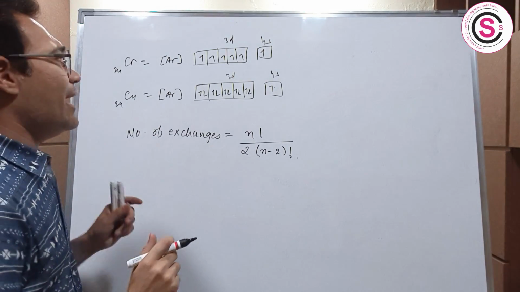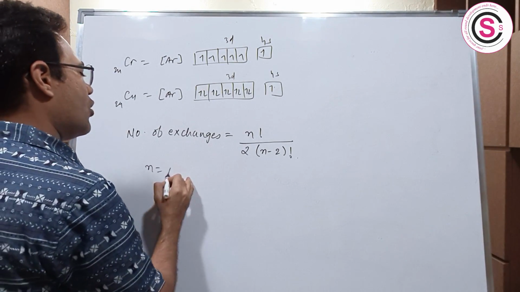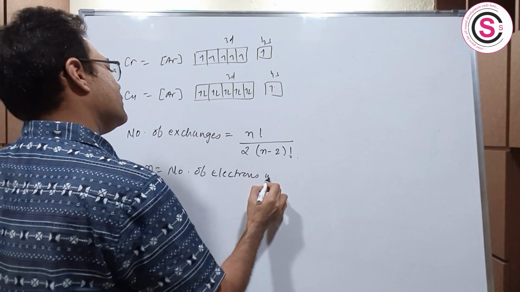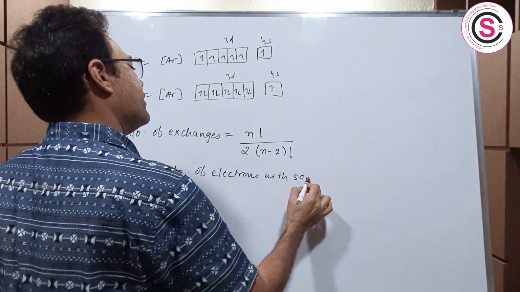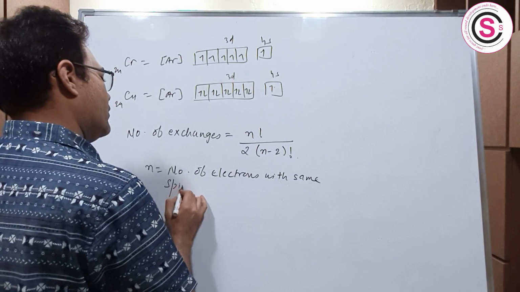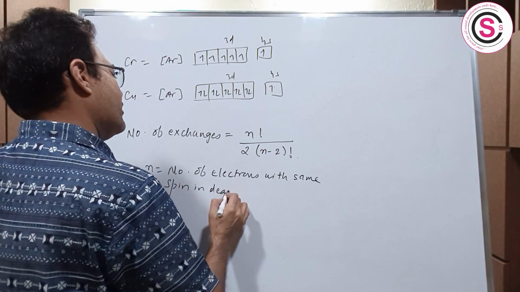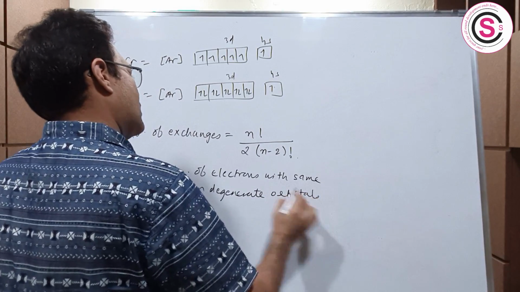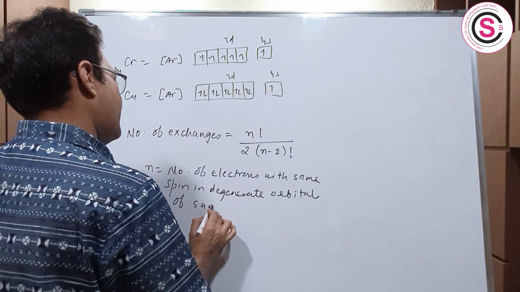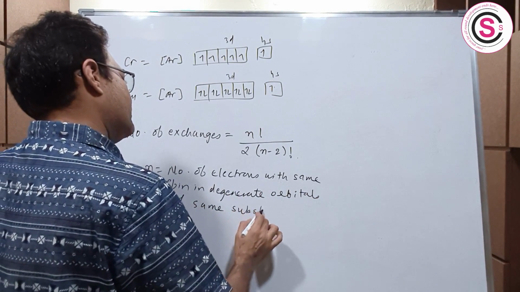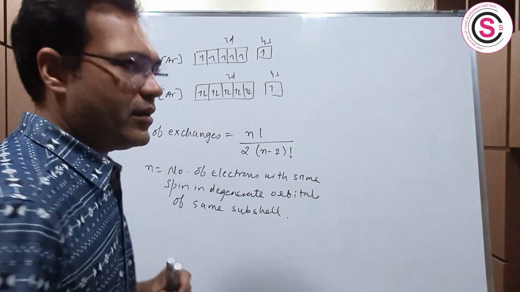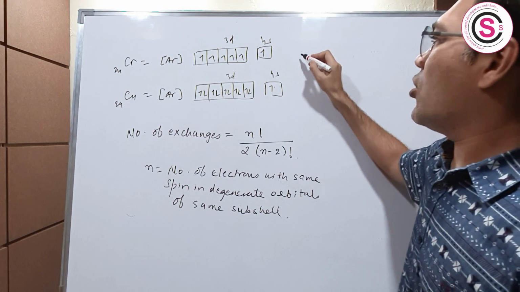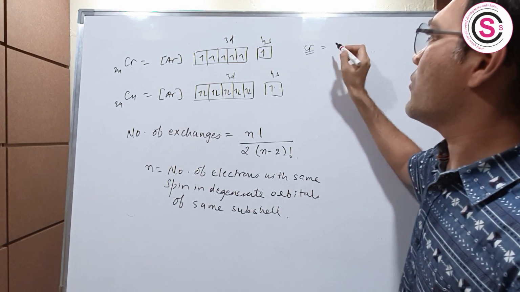First of all, n is the number of electrons with same spin in degenerate orbitals of the same subshell. Correct?